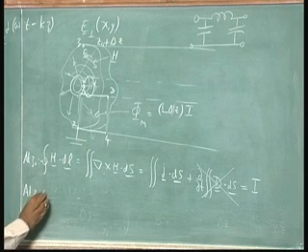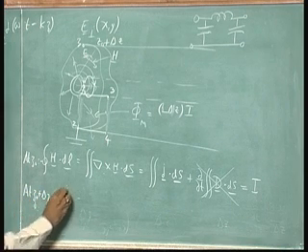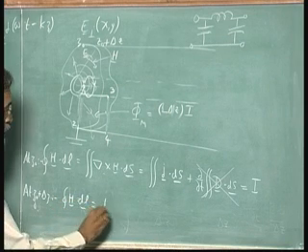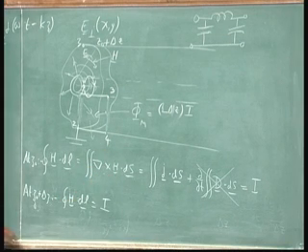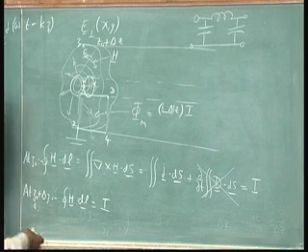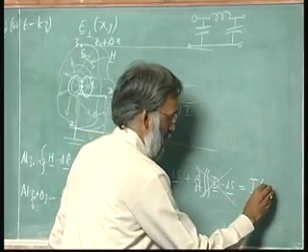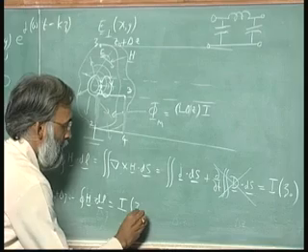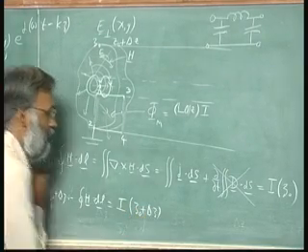At z naught plus delta z, loop integral h dot dl is again equal to I. Now, this current is current at z naught, this current is current at z naught plus delta z.